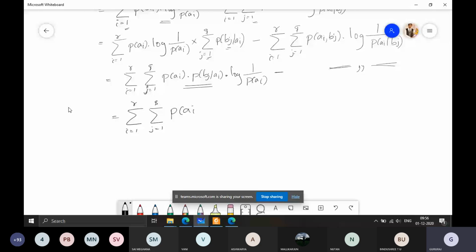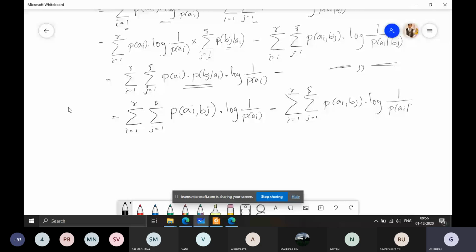So it is p(ai, bj) into log 1/p(ai), minus, for the second term, the summation i = 1 to r, summation j = 1 to s of p(ai, bj) into log 1/p(ai/bj).